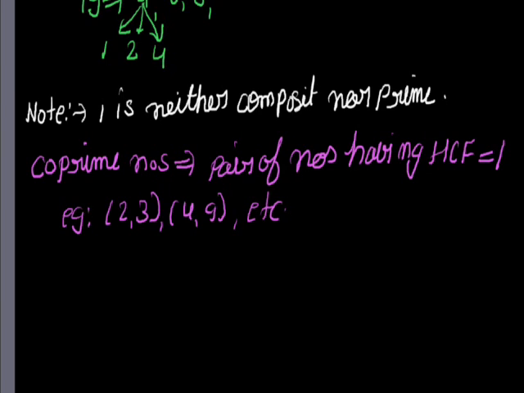Next, after co-prime numbers, we come to our next type of numbers, that is twin prime numbers. So next we can write twin prime numbers. Now what are the twin prime numbers?